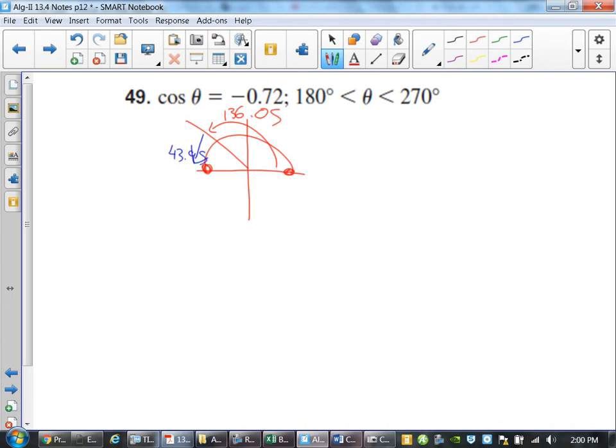And now you need to place that same angle into the third quadrant, which means you just add 180 to 43.95. 223.95. That should have been your answer. The calculator will find it within the parameters set, and then you just bounce it to a different quadrant by using the reference angles.